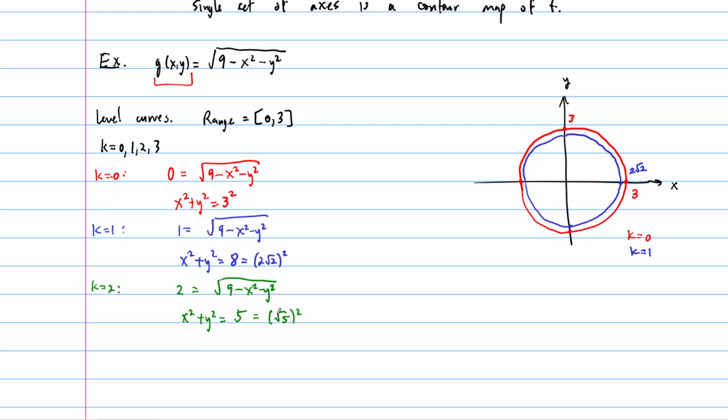So it's maybe around here. So the idea is that it should be a little bit further away from 2 root 2 than 2 root 2 is from 3. All right, so again, this is square root 5, and this corresponds to a level curve of k equal to 2.